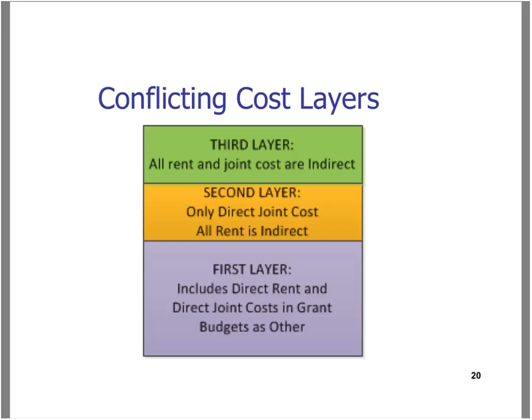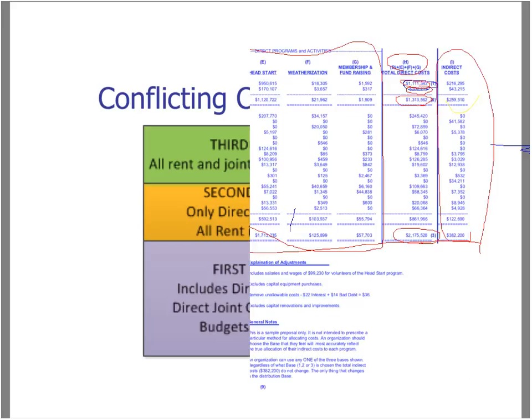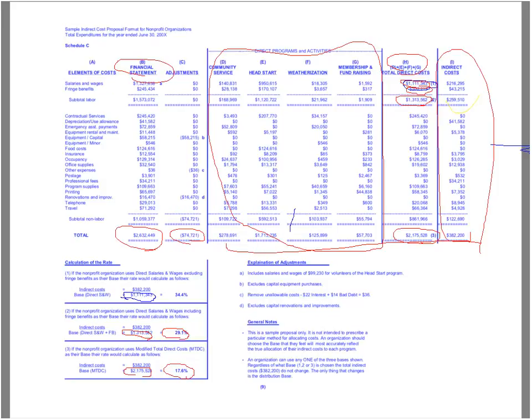Normally, and let's go back to this model. Normally, if I use, in the bottom left, this methodology, what are we using? We're using a modified total direct cost base of 2.175. Well, that includes up here occupancy. And I bet some of the occupancy as it goes along was direct. Okay?